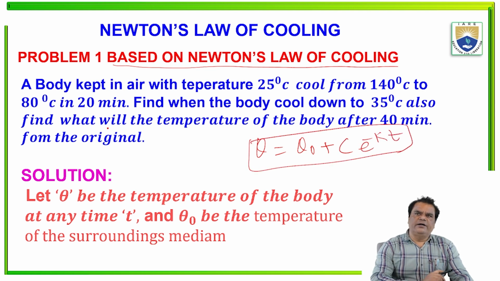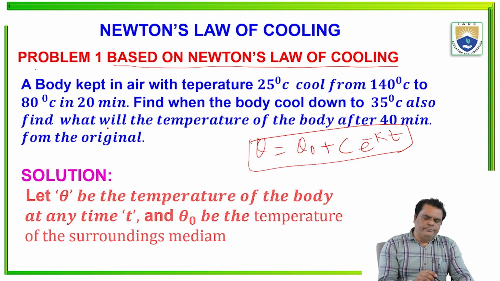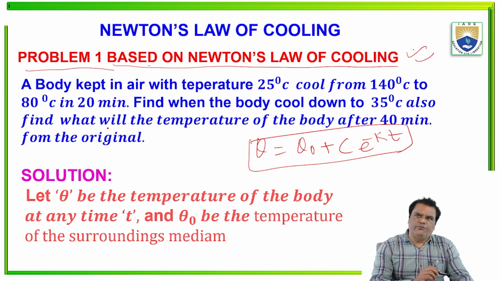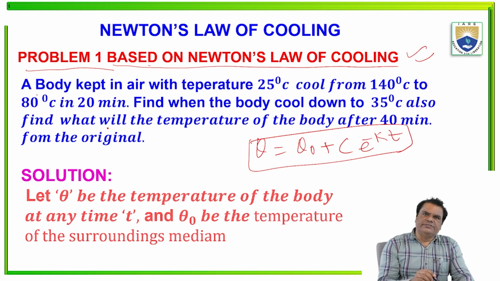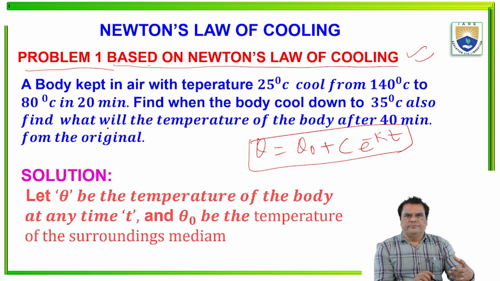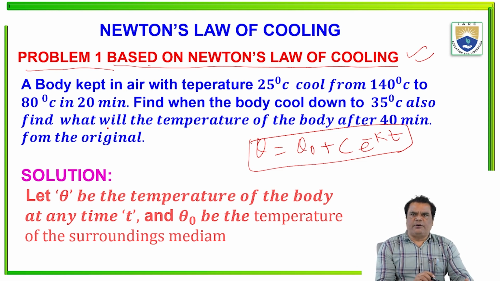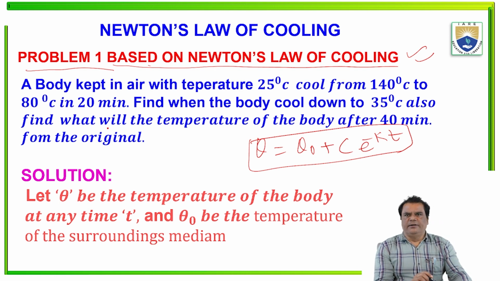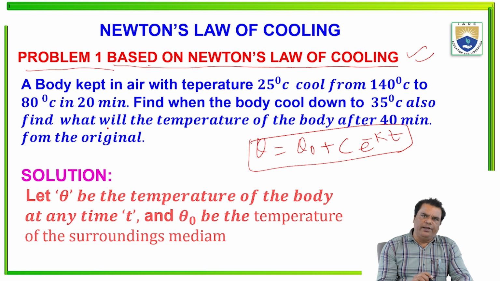This is the formula for Newton's law of cooling. What is the problem? The problem is given in our question paper. How can we solve it? So I want to discuss problem 1 based on Newton's law of cooling.